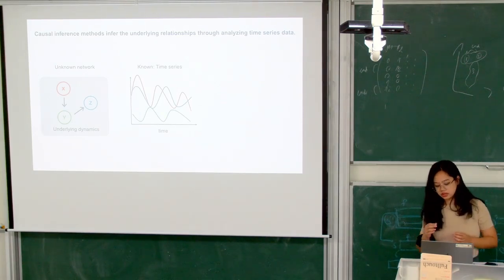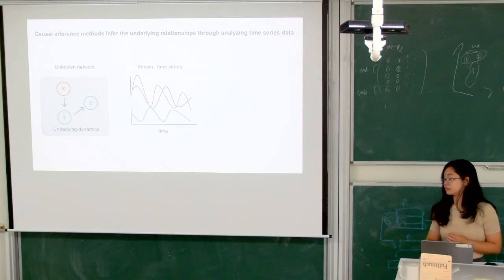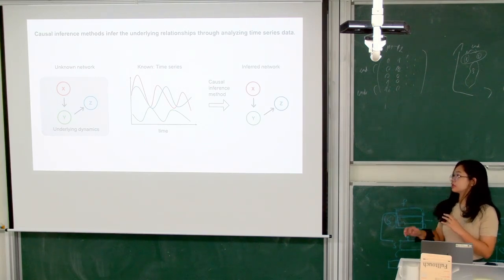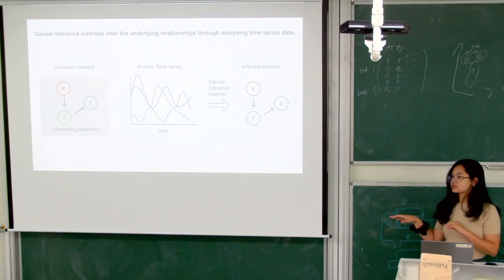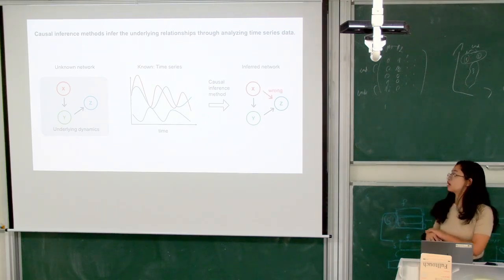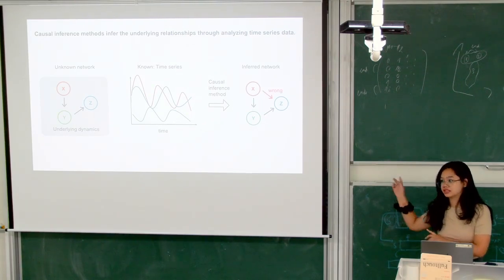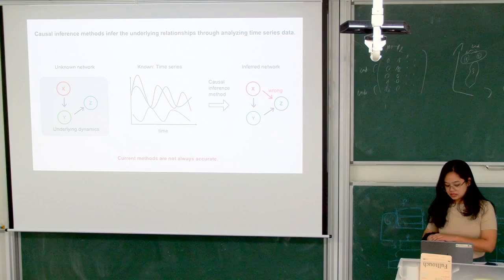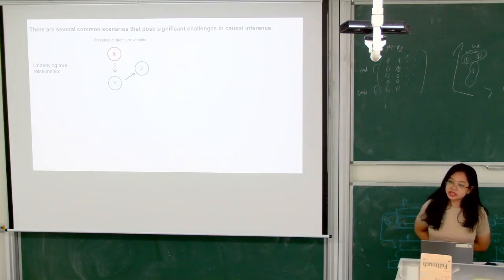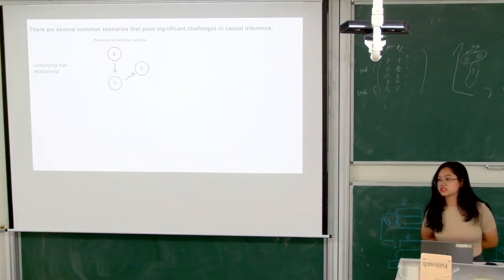What current causal inference methods do is analyze these time series data so that they can infer the underlying dynamics. Sometimes it is correct like this, but at other times there are some wrong inferences like this. The current methods are not always accurate.